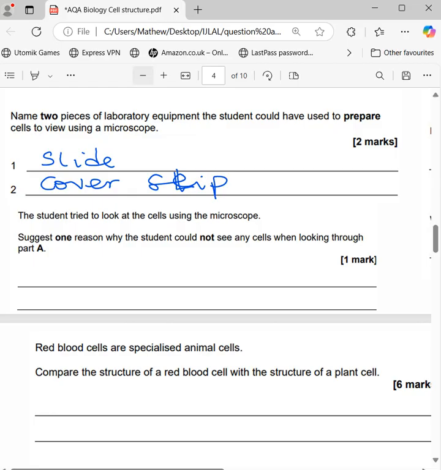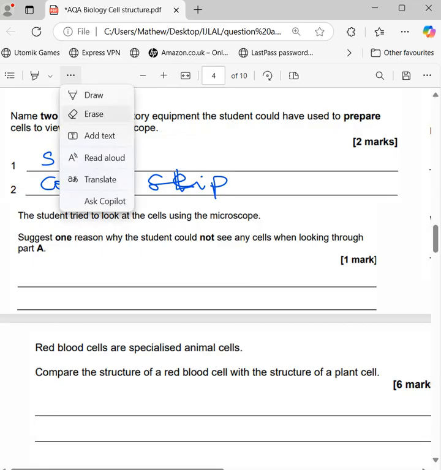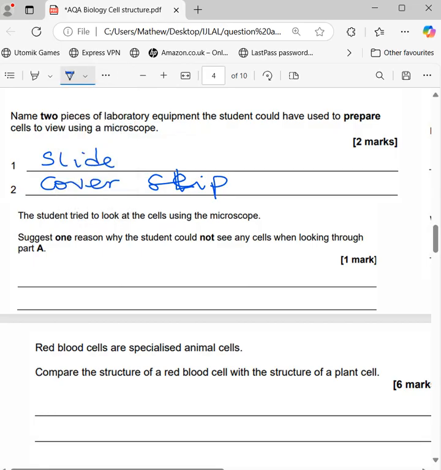You might not see if the microscope is not properly focused, so it might not be focused on the sample. It's 1 mark. That's why you can't see it. Now maybe there is not enough light, or the light in the mirror is not focused onto the sample. That's why you can't see any image.